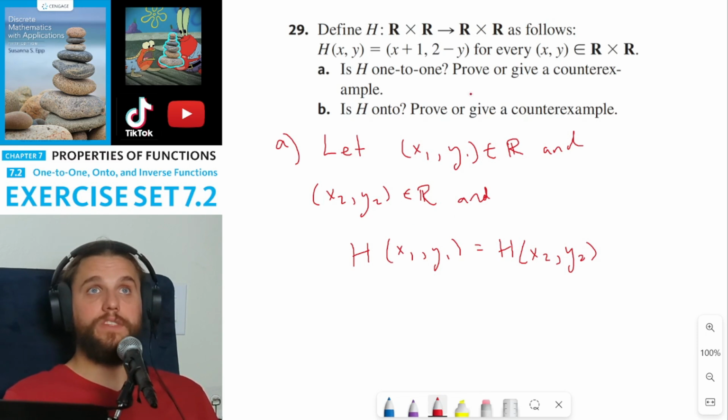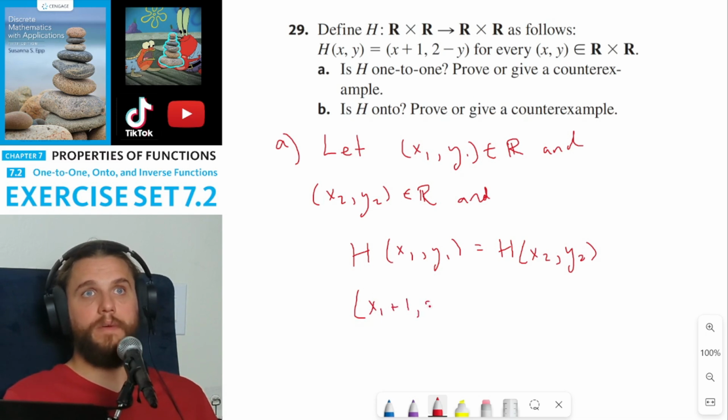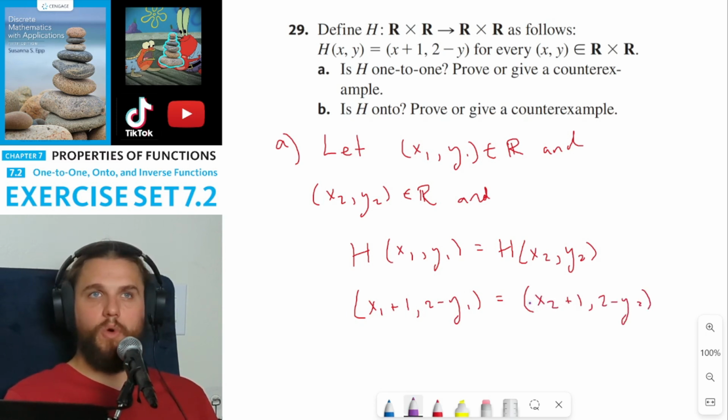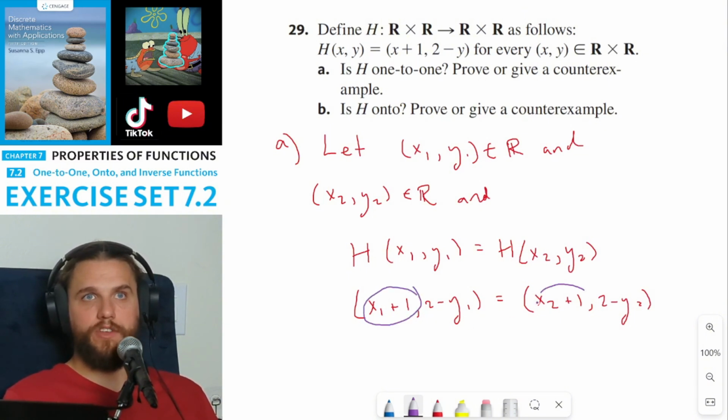Now we can use the definition of the function to evaluate what these outputs are. This is (x1 plus 1, 2 minus y1). And the right side is pretty much the same thing. Now the only way these two ordered pairs are the same is if they have the same entries in both coordinates, which means that these two entries have to be the same, and these two entries have to be the same.